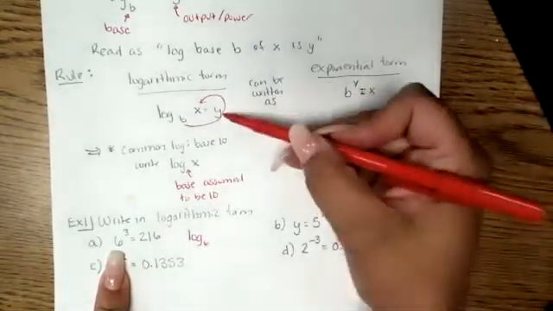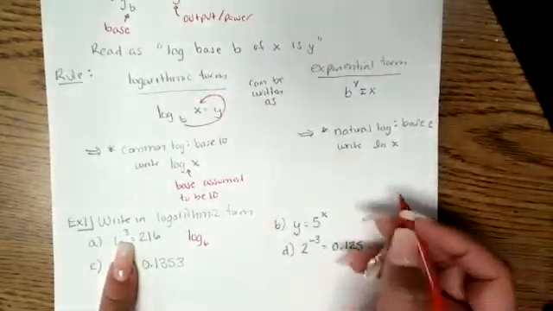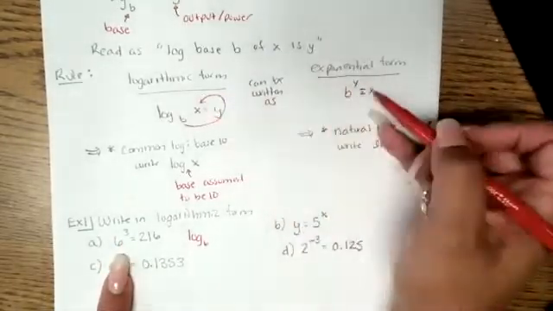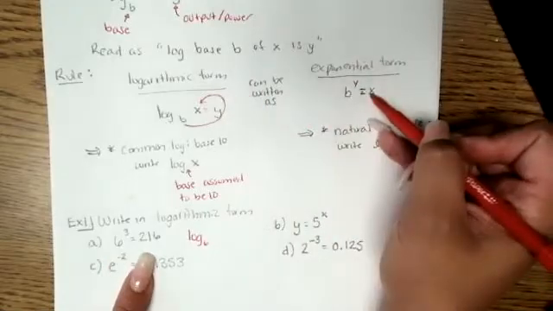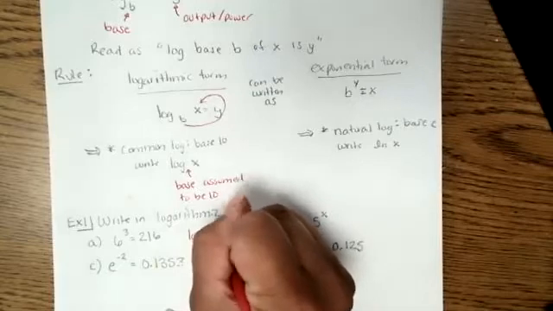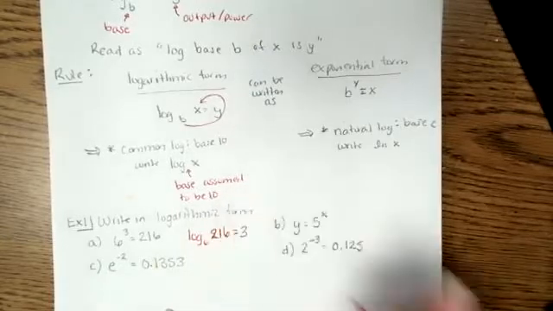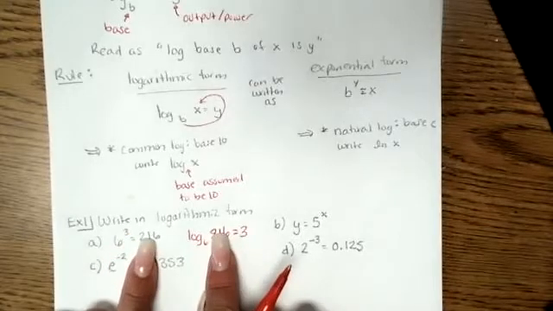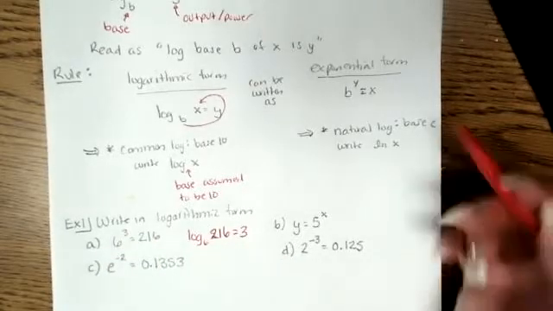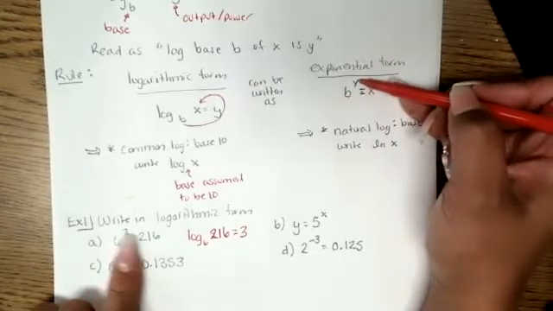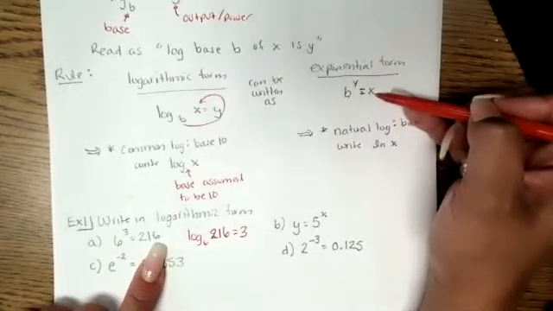Now the y value is on the other side of the equal sign, and the x was on the other side of the equal sign. So 216 equals 3. Now look, 6 raised to the third power equals 216. So right here, the b is the 6, the y is the 3, the x is the 216.